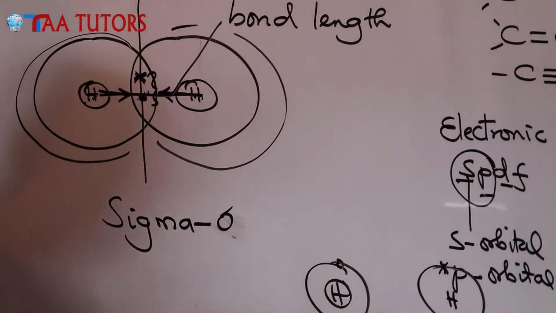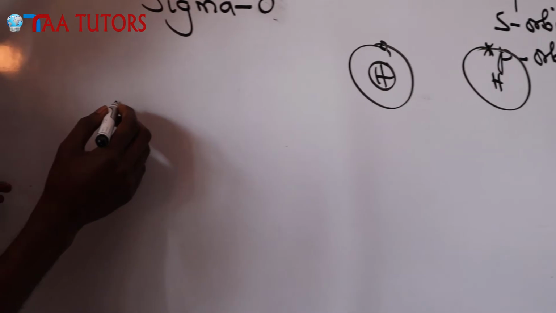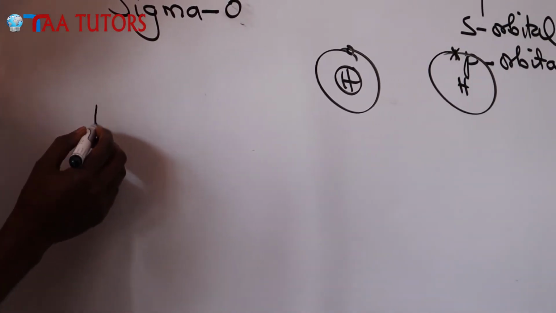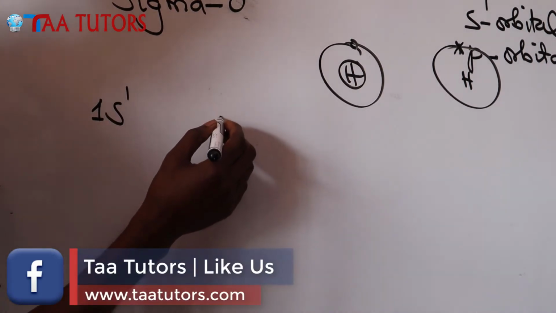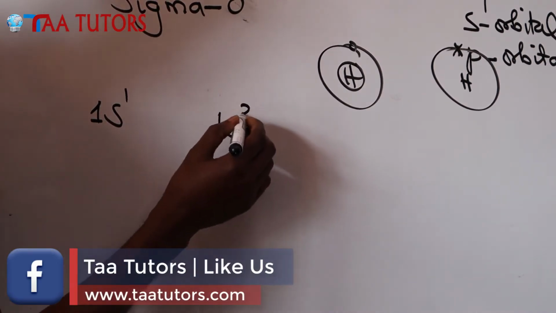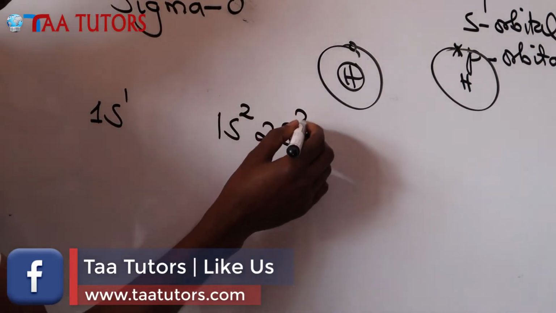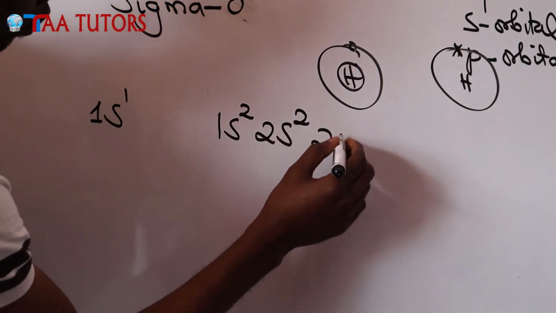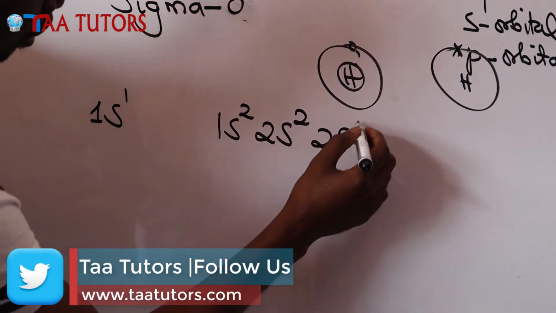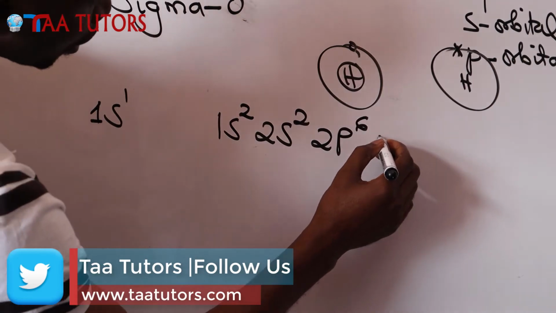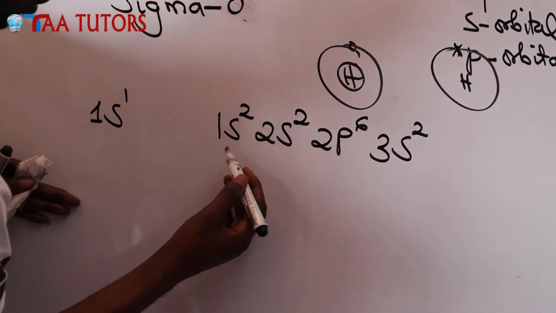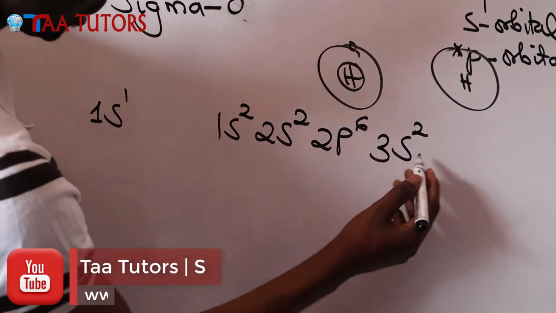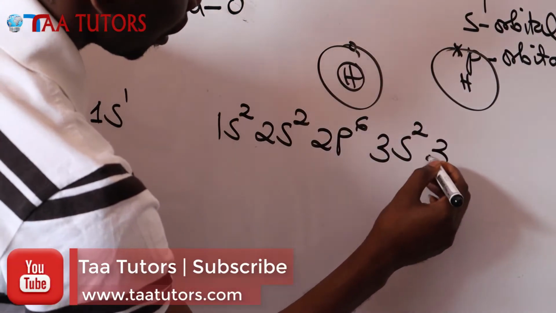Let's look at that. We know the electronic configuration for hydrogen is 1s1. That of chlorine is 1s2, 2s2, 2p6, 3s2, and then 3p.